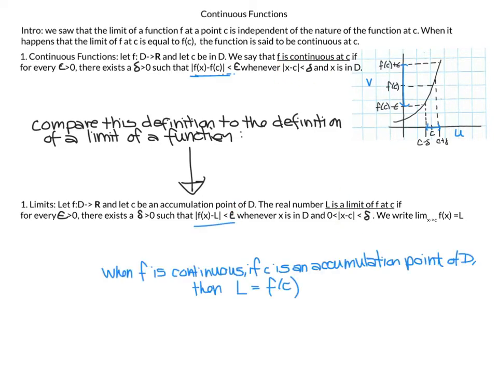And here is the difference, this f of c versus the L. We will see in just a moment in a theorem that when f is continuous and c is an accumulation point of D, then the limit L is exactly equal to f of c. And there you have why this definition of continuous functions very closely echoes the definition of a limit.